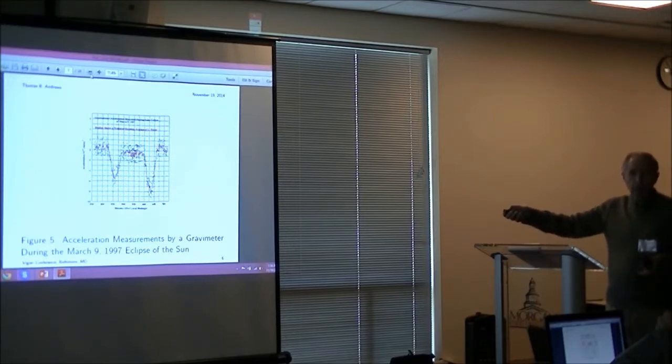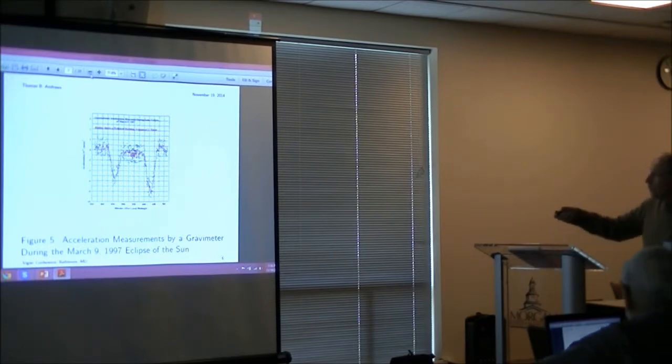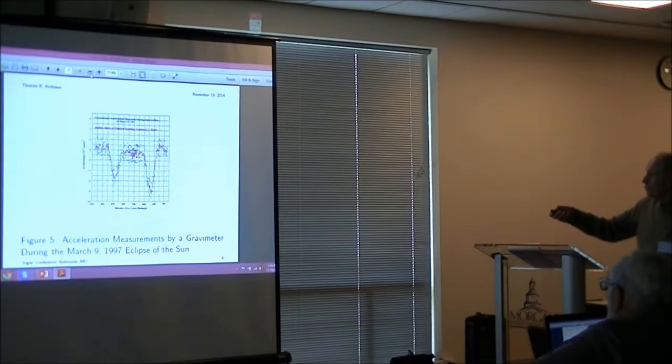I'm also able to predict what this is from a field theory of gravity. So this corroborates that gravitational shielding is a real effect. And this is the first corroboration.